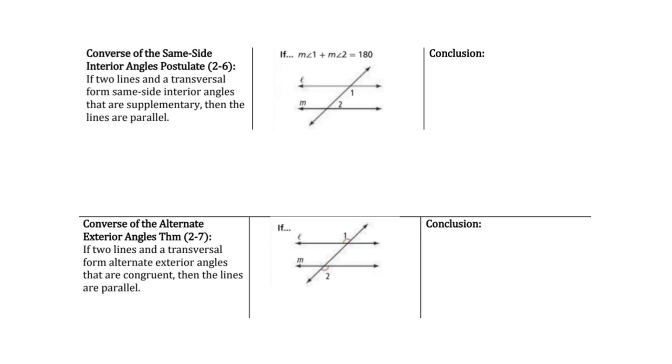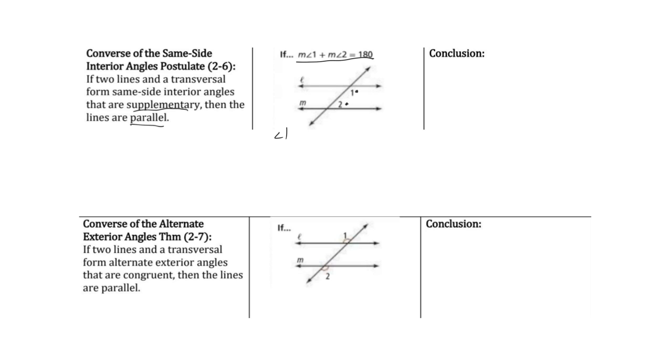The next converse, it's a postulate, is the same side interior angles postulate. It says if two lines and a transversal form same side interior angles, so we see 1 and 2 are same side interior, and they're supplementary, meaning they add to 180, then the lines are parallel.